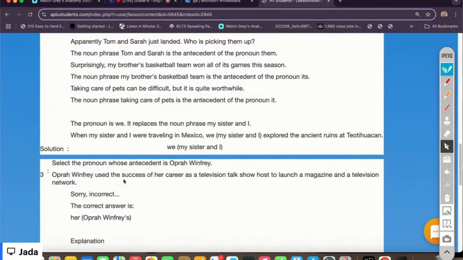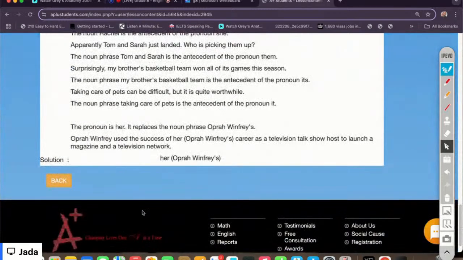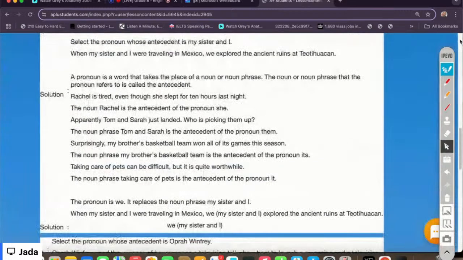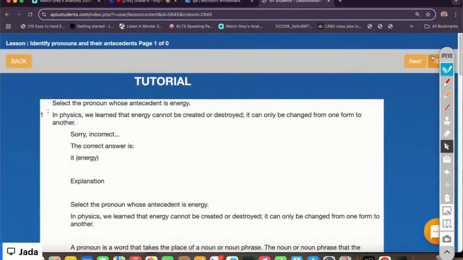Oprah Winfrey used the success of her career as a television talk show host to launch a magazine and a television network. So select the pronoun whose antecedent is Oprah Winfrey. So we have her. Okay, so let's move on to the test.